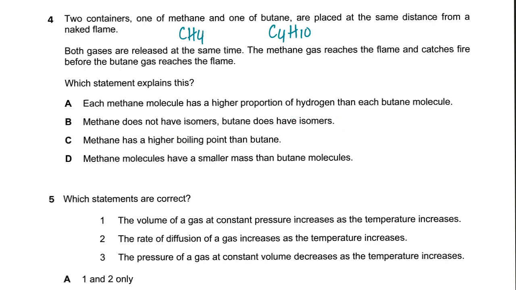Those of you who know what isomers are probably think this is extra trash as well. But you don't need to know what isomer means. We haven't talked about isomers at all, so maybe it has nothing to do with it, right? Yeah, it has nothing to do with the question.